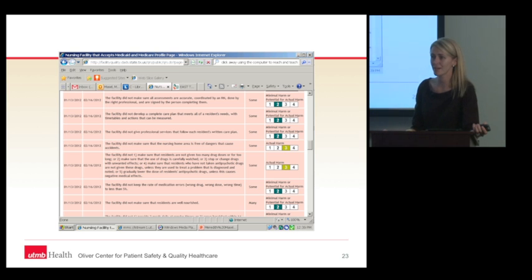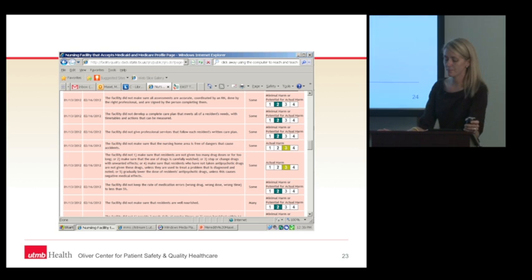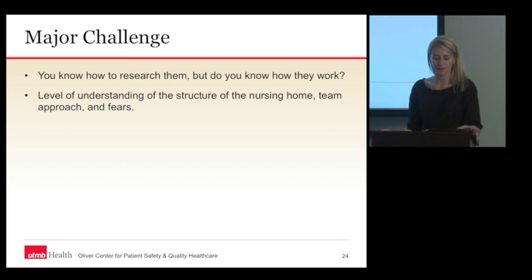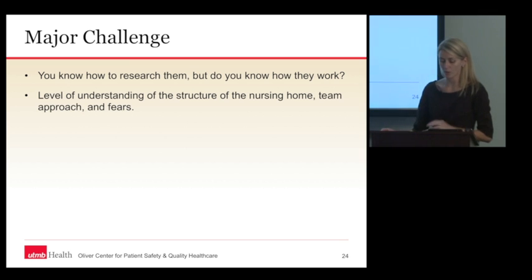If every other inspection they're at a 3 for not paying attention to unwanted side effects, that might be something you really want to consider. So you can help make sure that your patients and their families are feeling comfortable about their care if you look at overall patterns. So you can research them, but not everybody knows exactly how the nursing homes work.